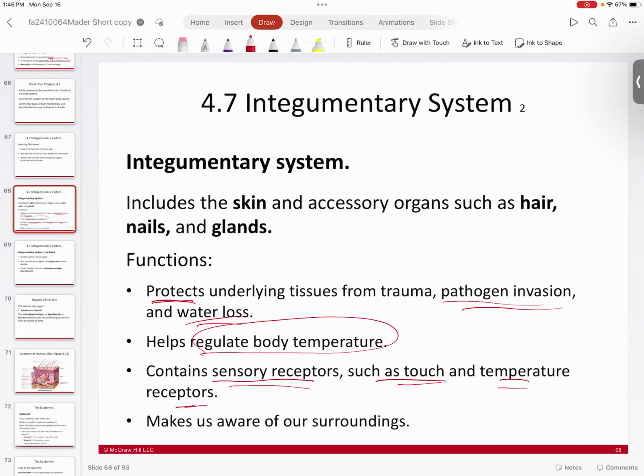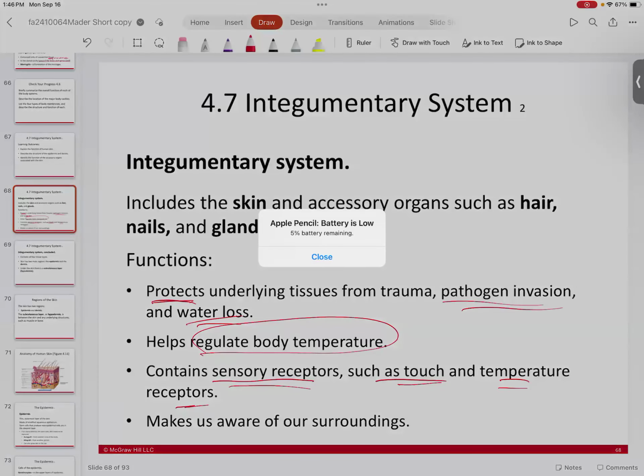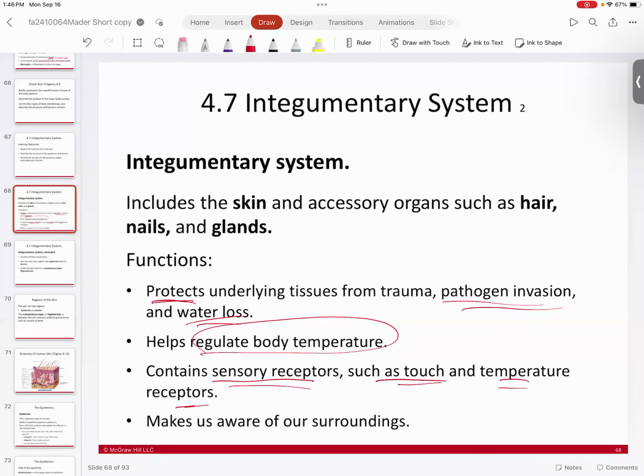I'd say probably a more important function of the skin is to act almost like a sensory grid. So basically, all of your interactions, your contacts with your outside world, you're perceiving through your skin. So when you're touching things, when you're grabbing things, how do you know how much pressure you're putting on something? Those are all being communicated to your brain through all of these sensors that are in your skin.